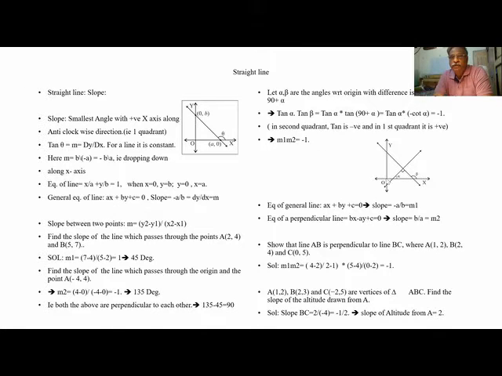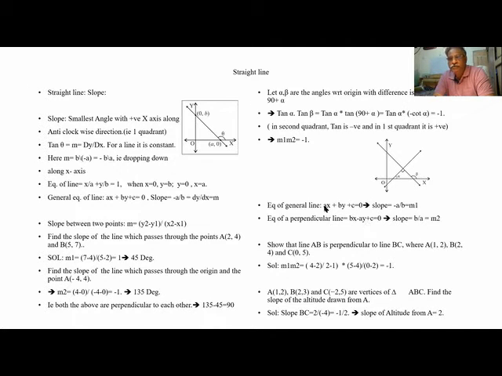So this is perpendicular. The equation of a general line is ax plus by plus c is 0. Then the equation of a perpendicular line can be written as bx minus ay plus c is equal to 0. What is the slope here? Minus a by b. What is the slope of the perpendicular? Plus b by a.